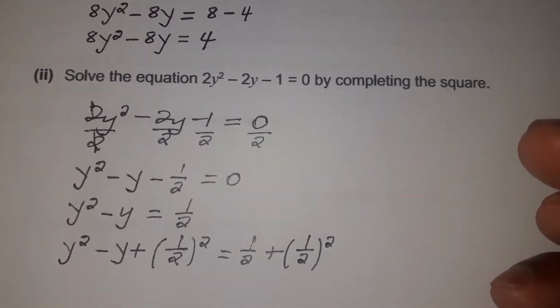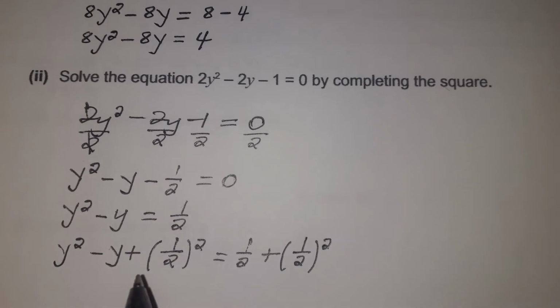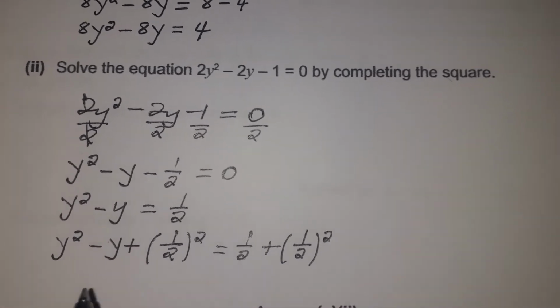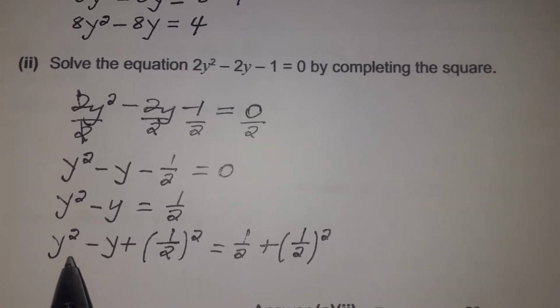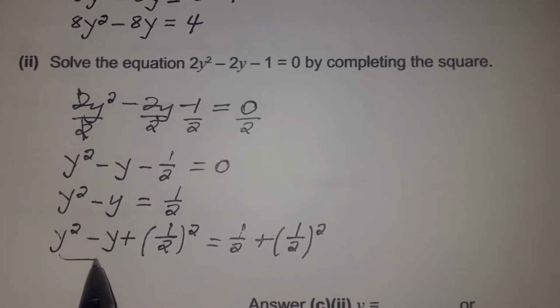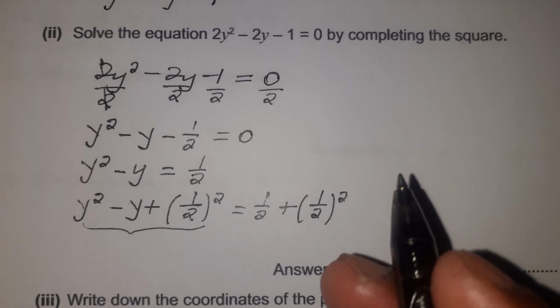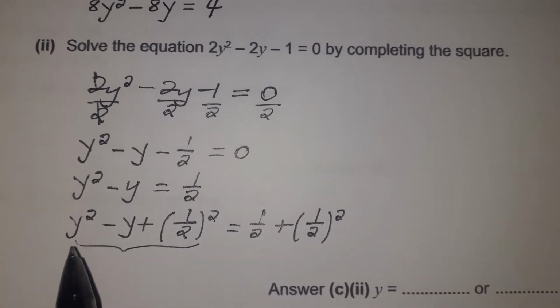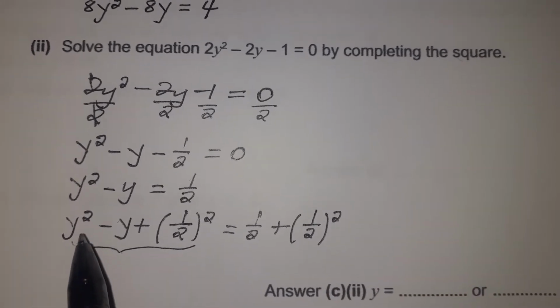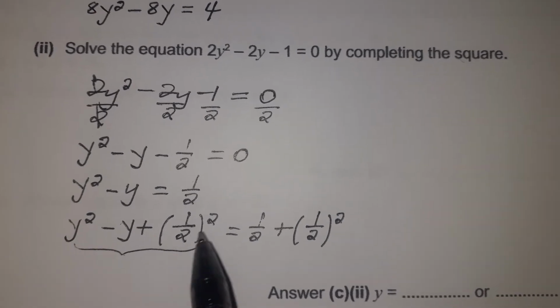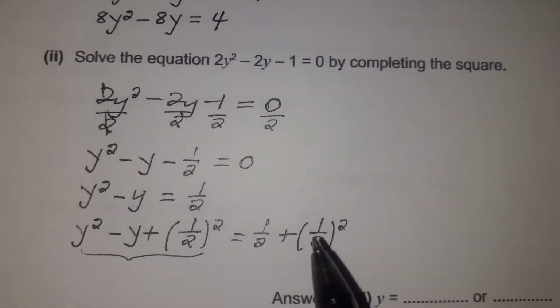Let me quickly rewrite it on this side, and let me just use this space here. Now we need to factorize what we have here. To factorize that, it's very easy. Focus on the terms that have squares. We have y squared and 1 over 2 squared.